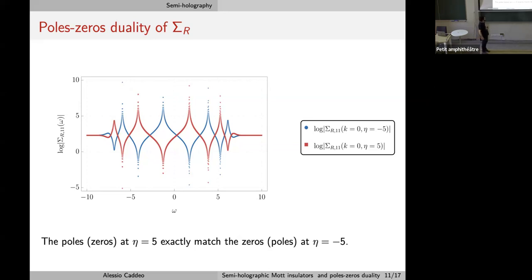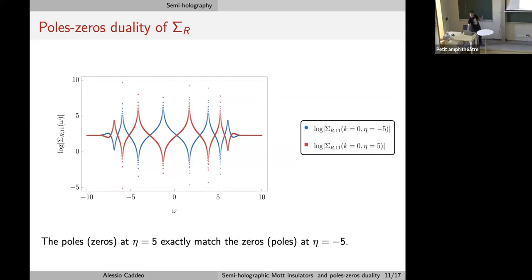But I show it because this is the kind of plot that I will show in a moment for the fundamental fermion Green function. Here we see precisely that we have an exact correspondence between peaks that are poles and zeros that are peaks pointing downwards when we switch the sign of eta, and here I'm at k equal to 0.